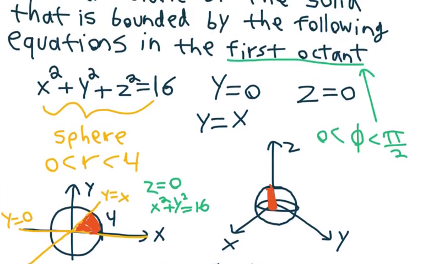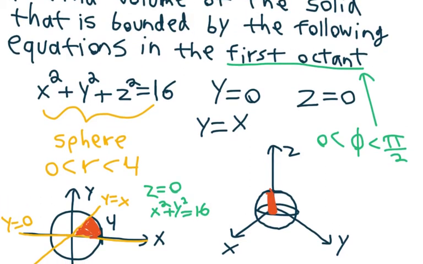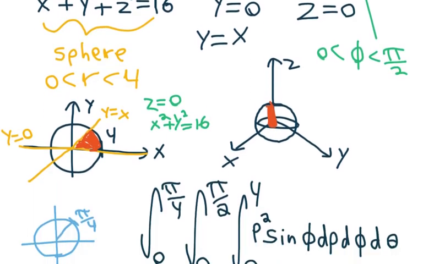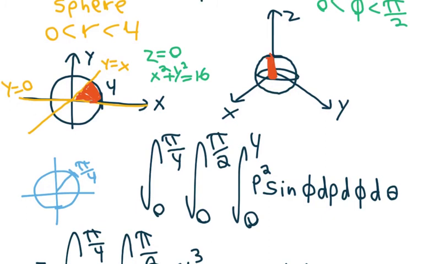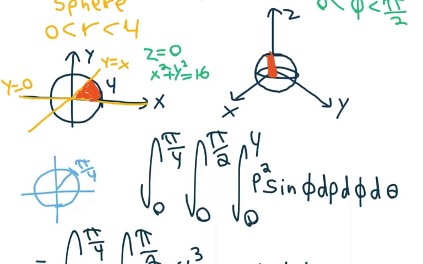We were told that it's in the first octant, so phi is from 0 to pi over 2. And the radius is going to go from 0 to 4. We have our limits of integration for p, phi, and theta. We substitute our dV to be p squared sine phi dp d phi d theta.